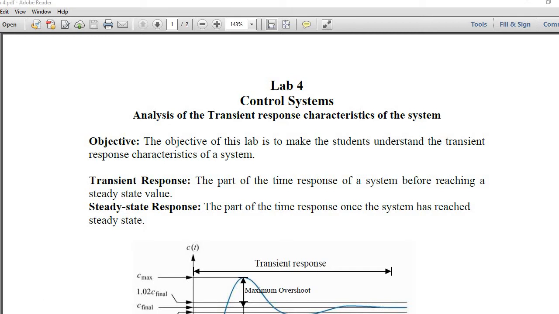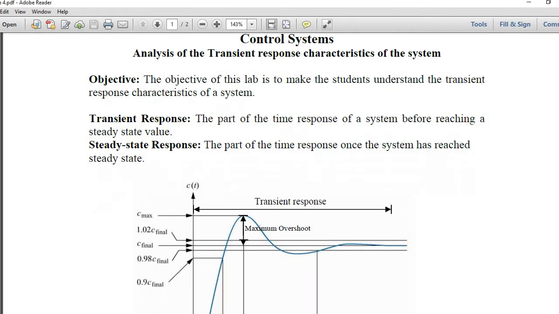Now, look here, the part of the time response of the system before reaching a steady state value is known as transient response. The second one is the steady state response. This is the part of the response once the system has reached the steady state. Now, let's look graphically at what this means.